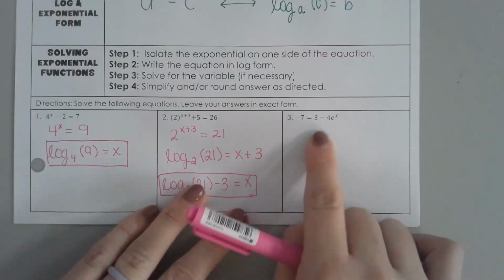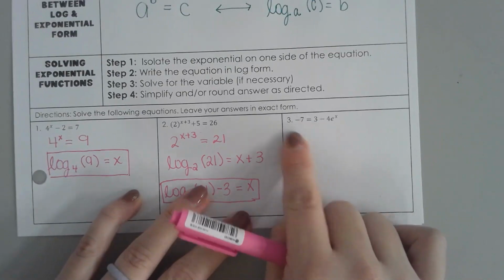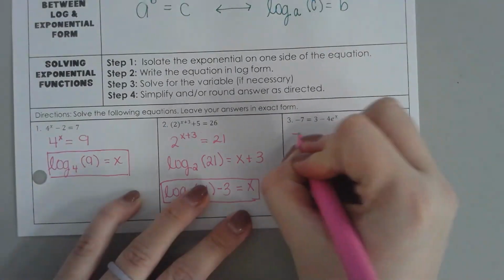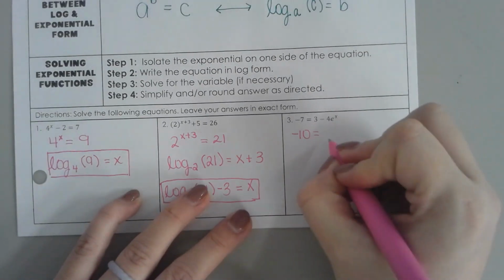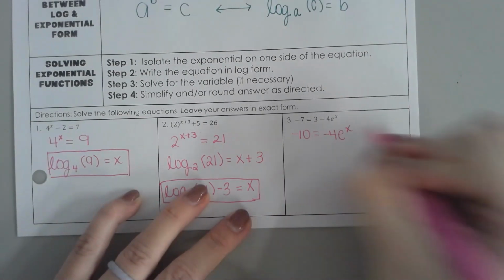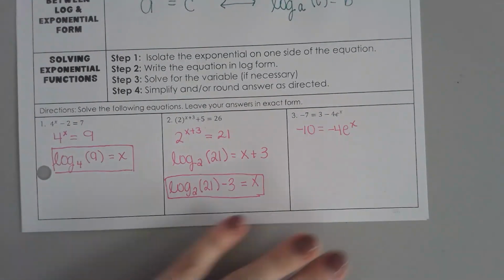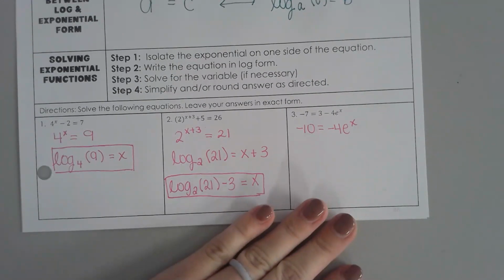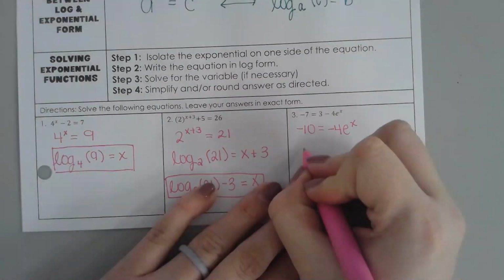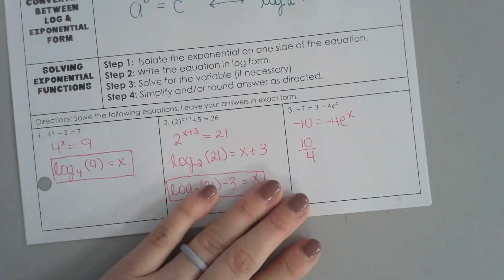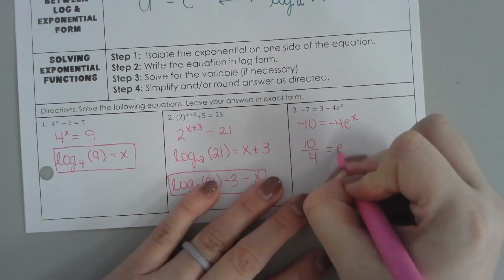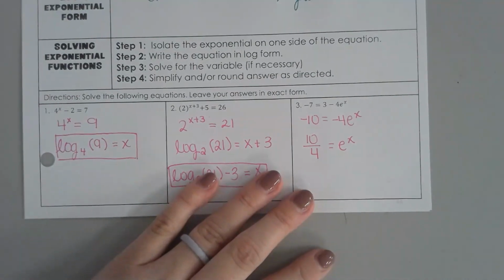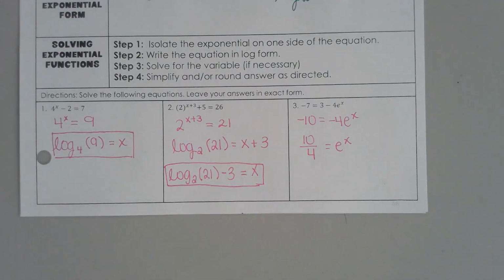So if I'm doing this, I'm going to subtract 3 first, and then divide both sides by -4, which is going to give me positive 10 over 4 equals e to the x. But I need to flip-flop that.